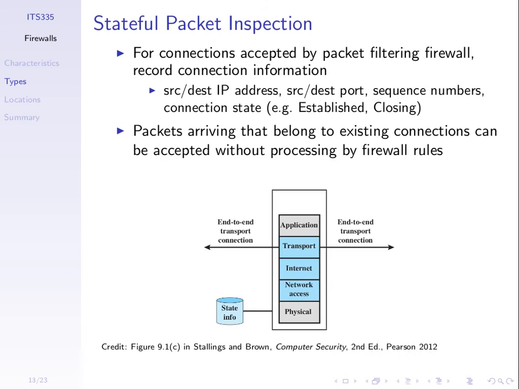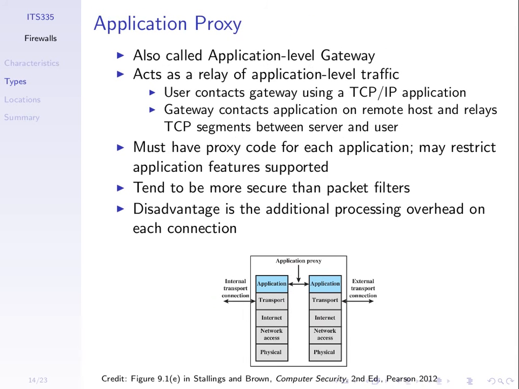The packet filtering firewall, even with SPI, doesn't deal with the application, and it just has to filter packets based upon the headers. An application proxy actually has to implement part of the application server and client. So if it's a web proxy, it implements a simple or possibly a cut-down web server and a web client.